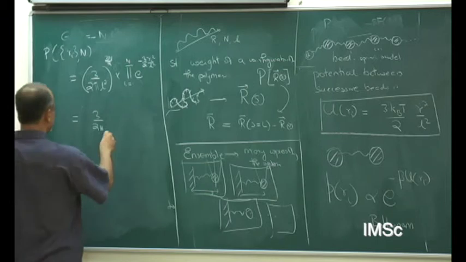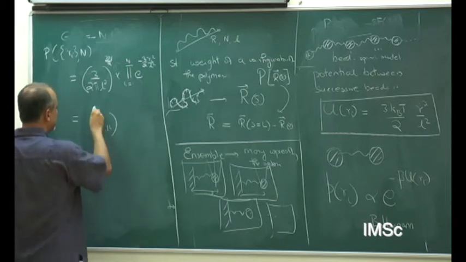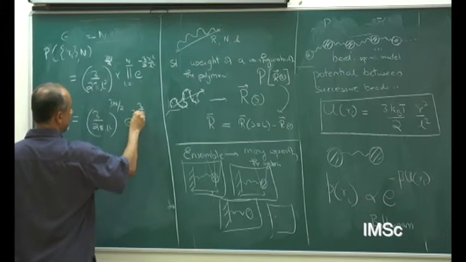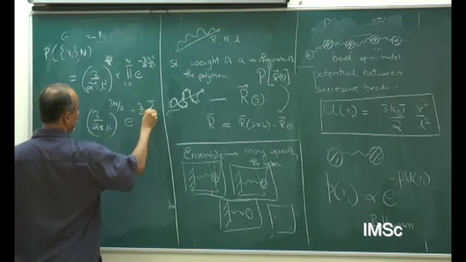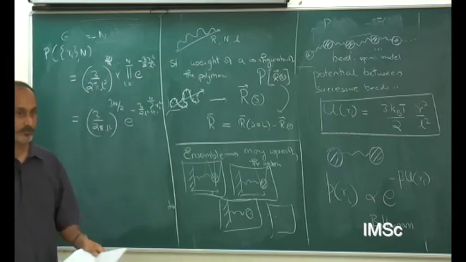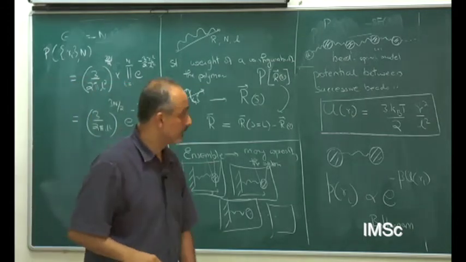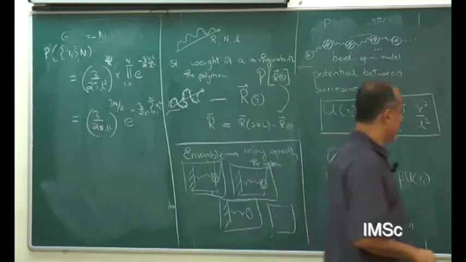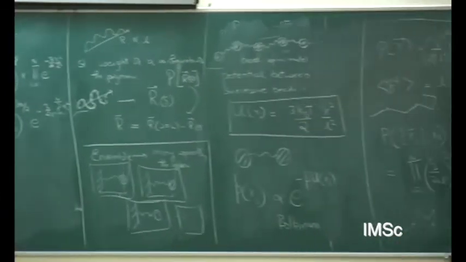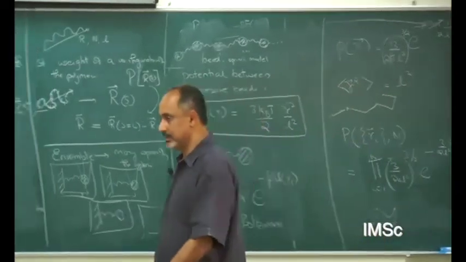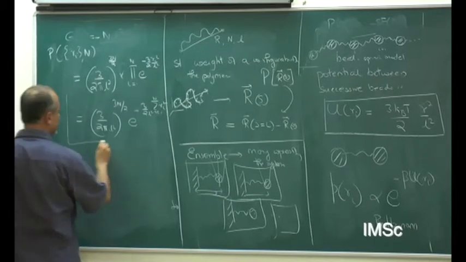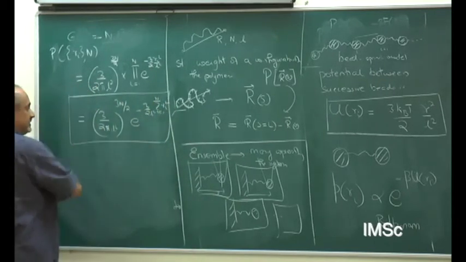Why do you get an n on the power? Because this has n steps. I'm multiplying this, so there are n terms that I'm multiplying. So I have to raise that whole object to n. So finally, what I get is a term that looks like this.